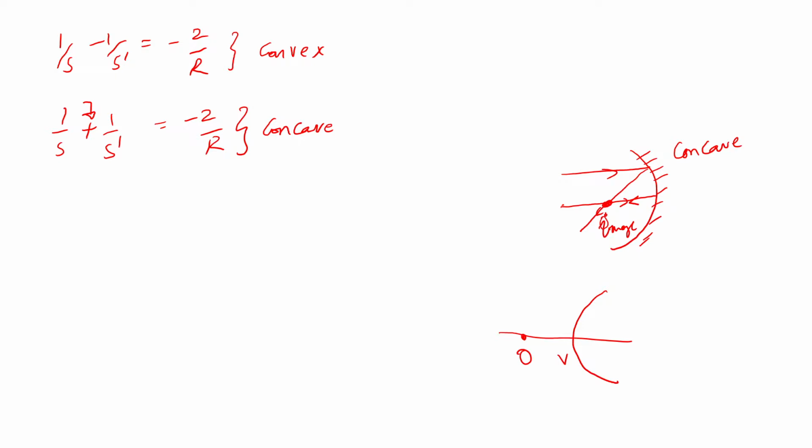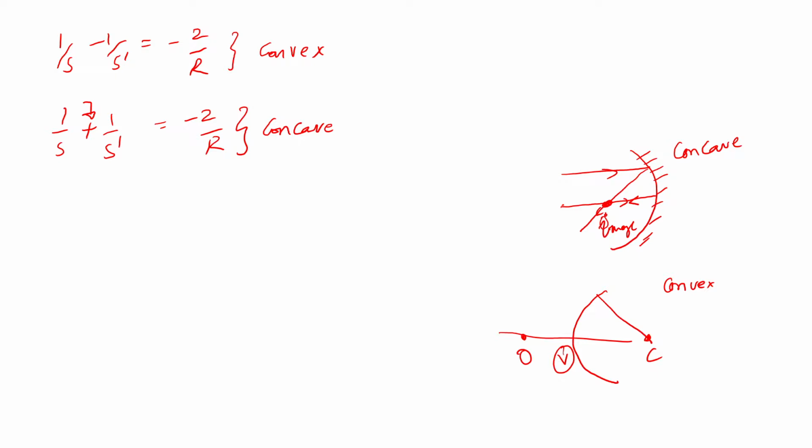So the object distance is positive if the object is on the left, and the image distance is positive if the image is on the left, right? And the radius of curvature is positive when the center is to the right side of V, right? So when the center is to the right side of the vertex. In case of a convex mirror, we have a positive radius of curvature, and in case of a concave mirror, we have a negative radius of curvature.